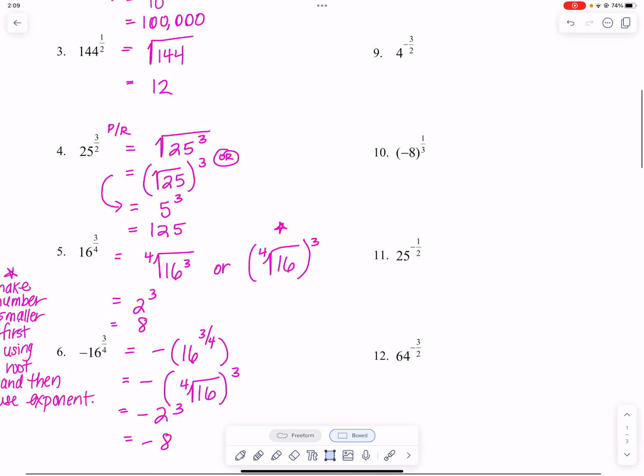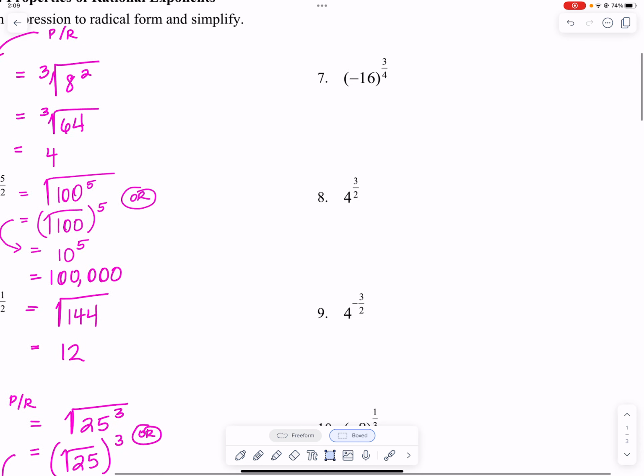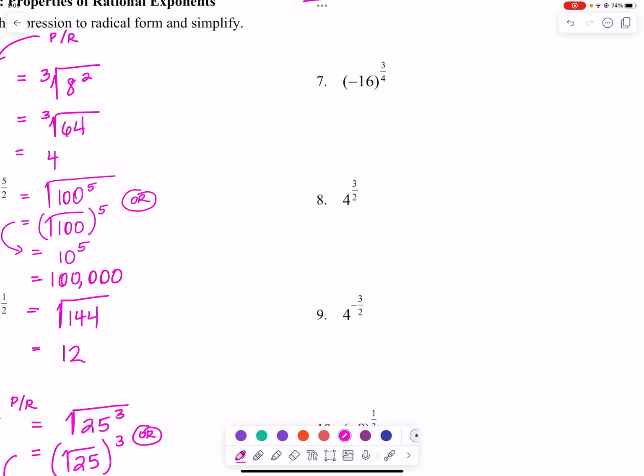Okay, let's go look at number 7. Now, what do you notice here? This negative is on the inside. So we actually have the 4th root of a negative number, and then we're going to cube it. But this is not a real number.